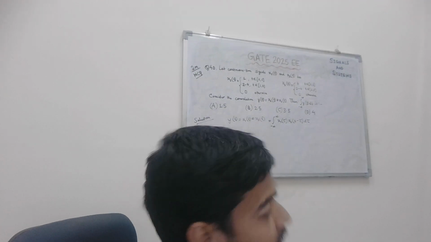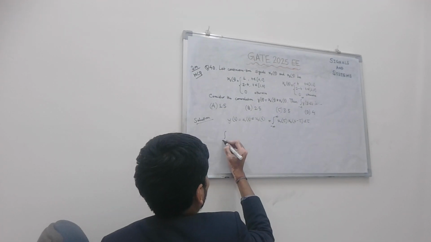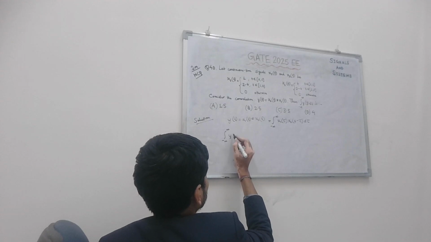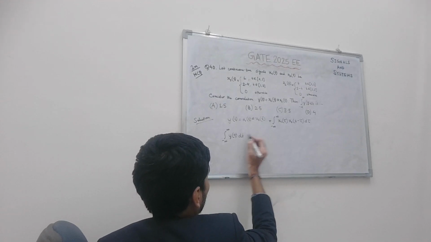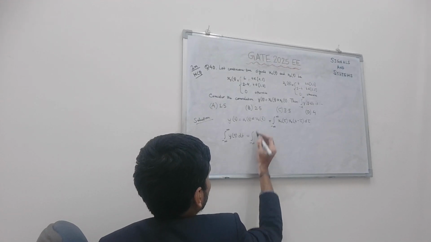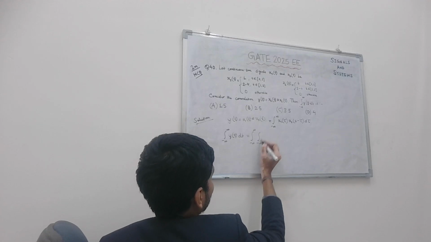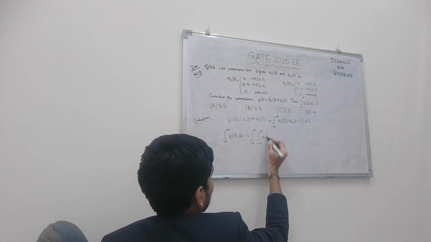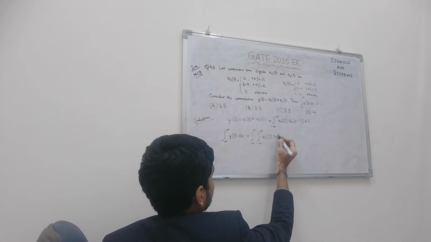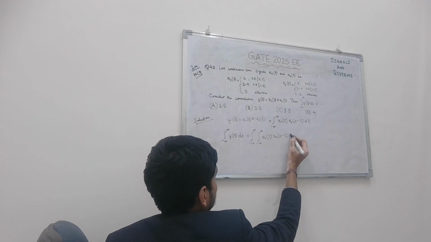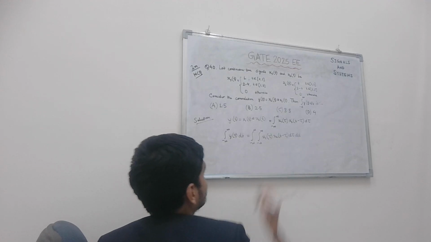Now we are required to find the integration of minus infinity to infinity y(t) dt. That is minus infinity to infinity, again minus infinity to infinity x1(tau) x2(t minus tau) d tau and then dt.